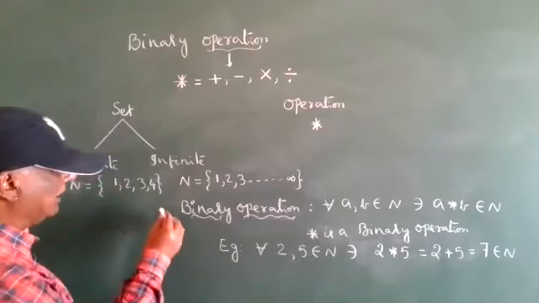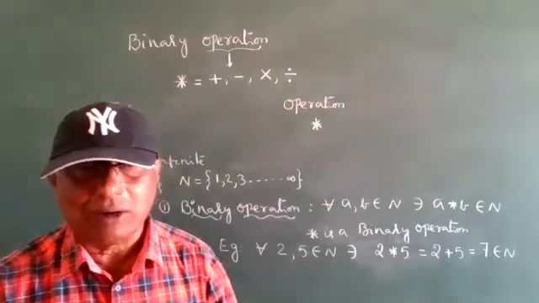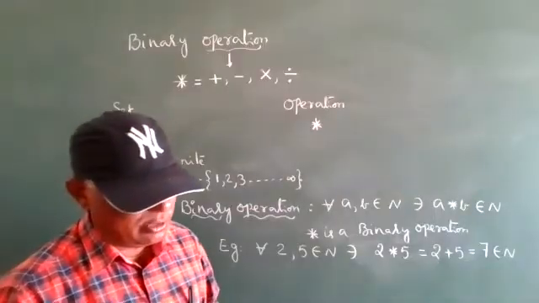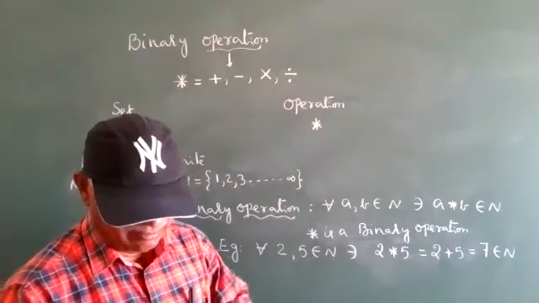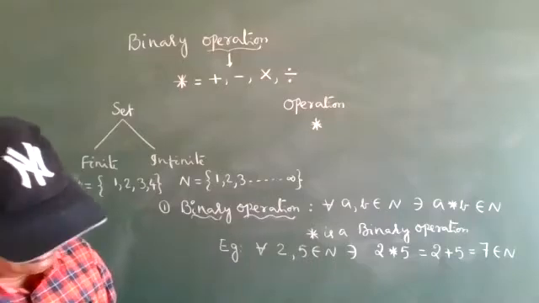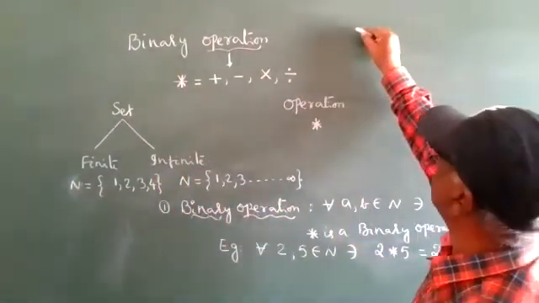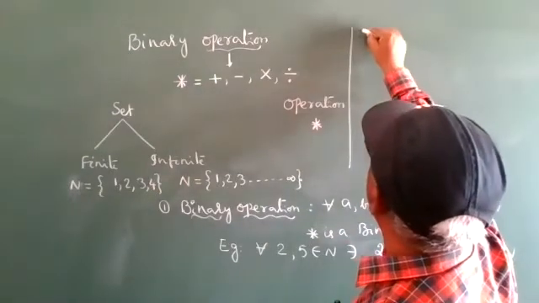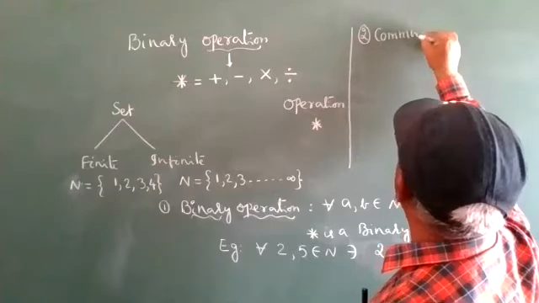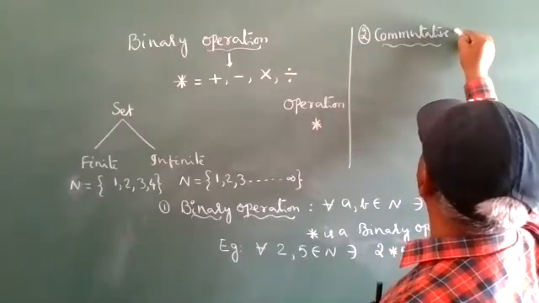Next, the second point is commutative. Commutative and associative we already know. Commutative is the reverse order, associative is with three elements. Second one is commutative. What does commutative mean?